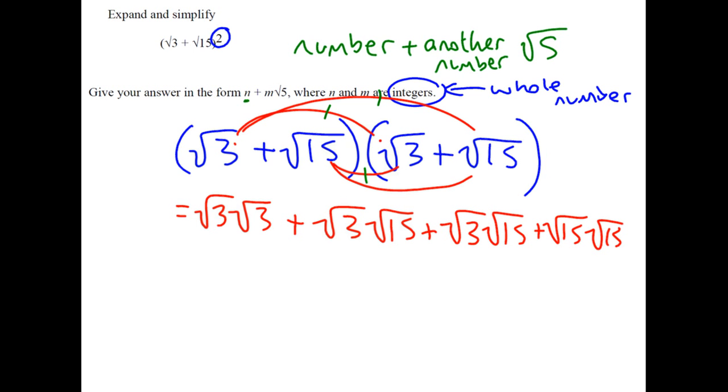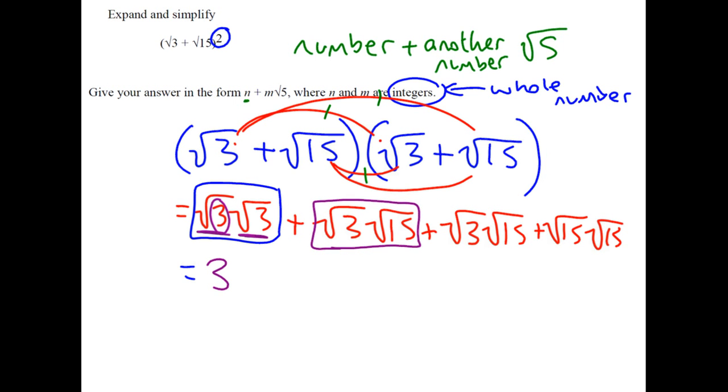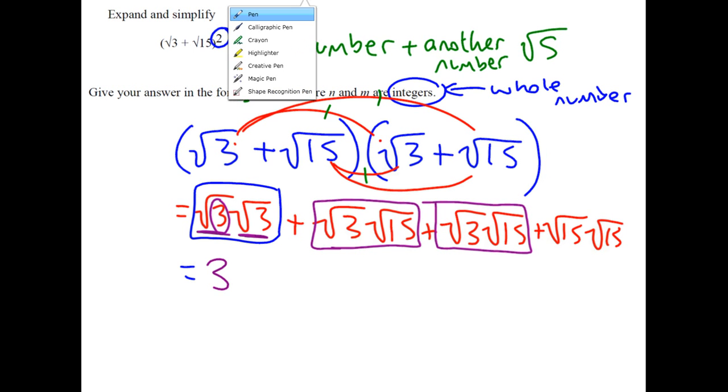Okay. Now remember what I said. The actual example I gave you at the start has come up twice already. The square root of something times by itself just gives you the number under the square root, so it's 3. Here, can you spot the difference or spot the similarities? We've got 2 of this thing here. We've got it twice.